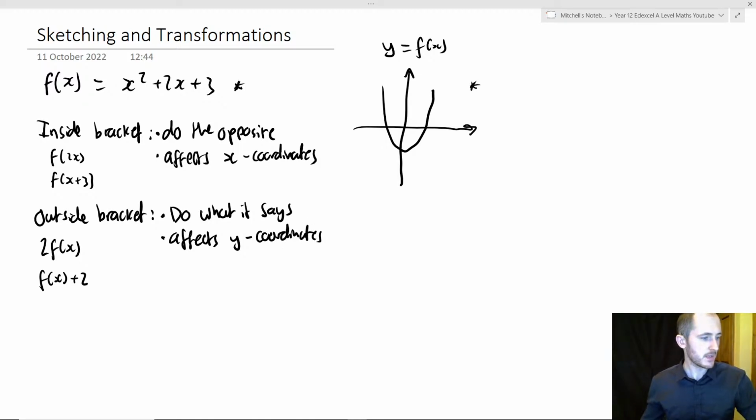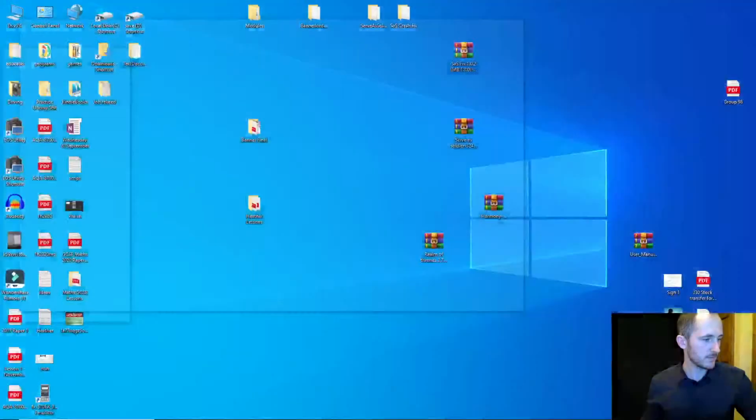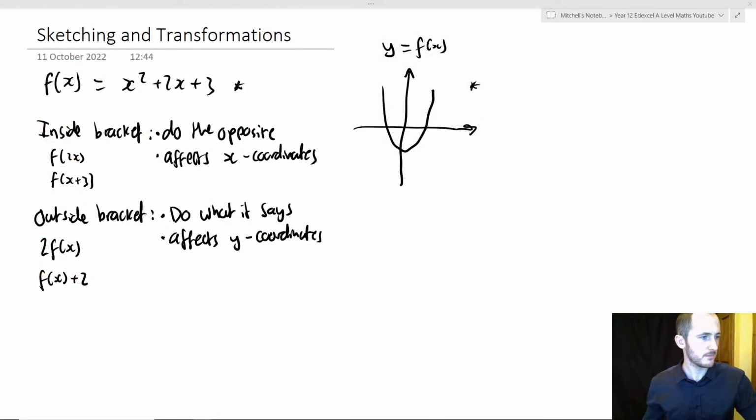Okay, so just let me check on the stream quickly. Okay, yeah, and it affects the y coordinates only. Okay, so what this would do for 2f of x, it would times all the y coordinates by 2. F of x plus 2, you'd add 2 to all the y coordinates. That should be fairly simple so far, okay?